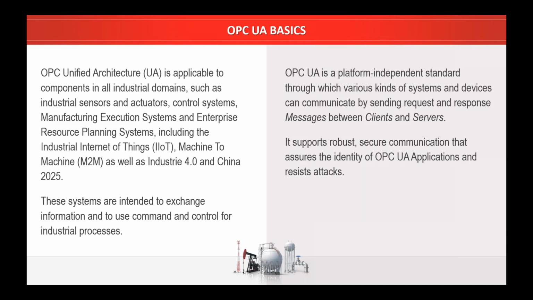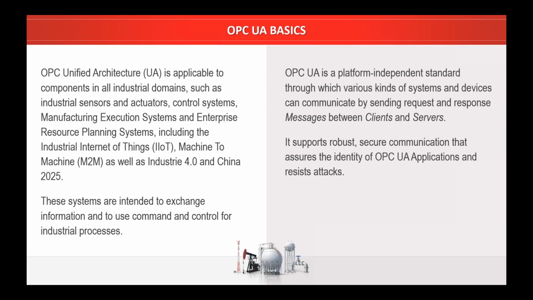UA is an abbreviation for Unified Architecture. Originally came out in 2008, from much the same people that have been involved with the original OPC, called OPC Classic nowadays. And it has a wider scope, I think, that they're looking to use it all over the industrial domains, both for HMI and machine-to-machine traffic and IoT as well.